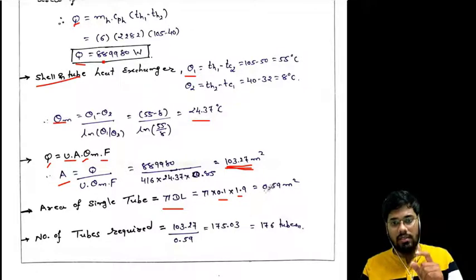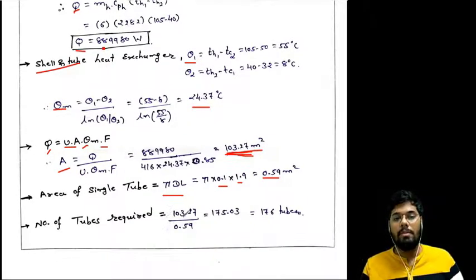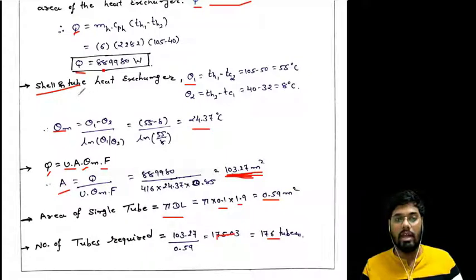So the surface area of one tube is 0.59 square meters. So how many tubes of this area are required to compensate the total area of the heat exchanger? We can calculate by simply dividing 103.27 by 0.59. So 176 tubes are required to get this much surface area of the heat exchanger to get this much heat transfer rate.